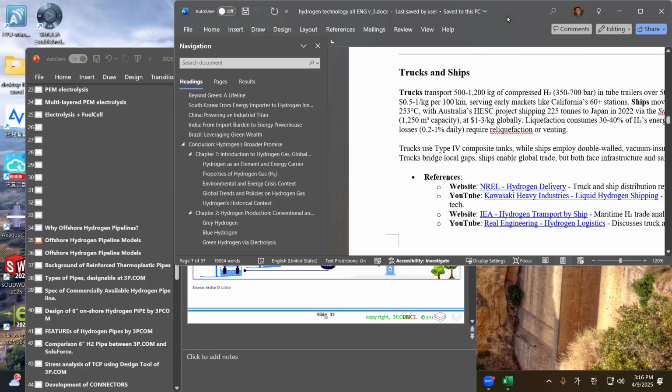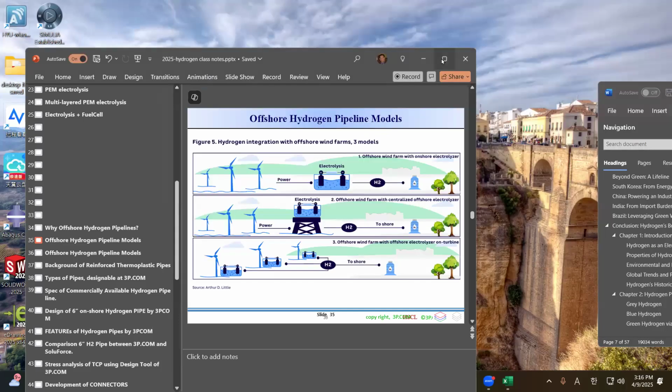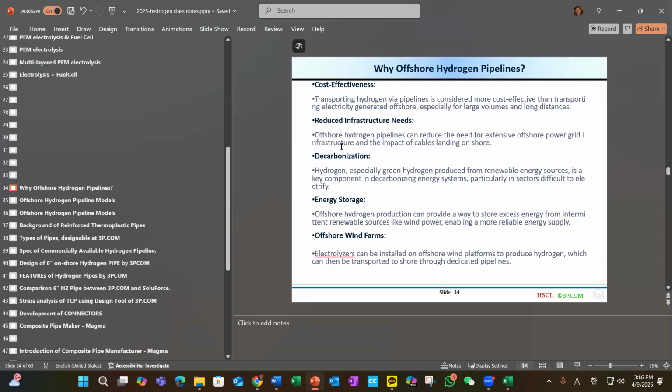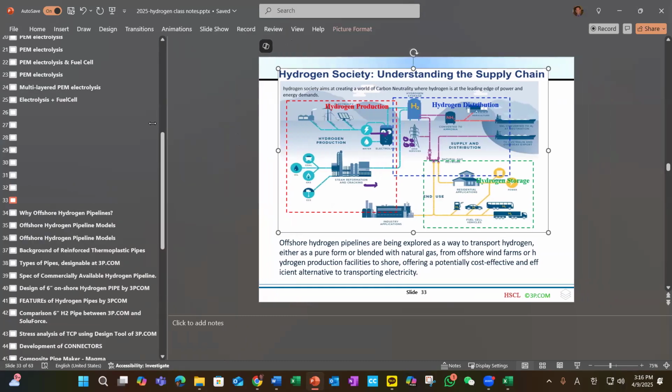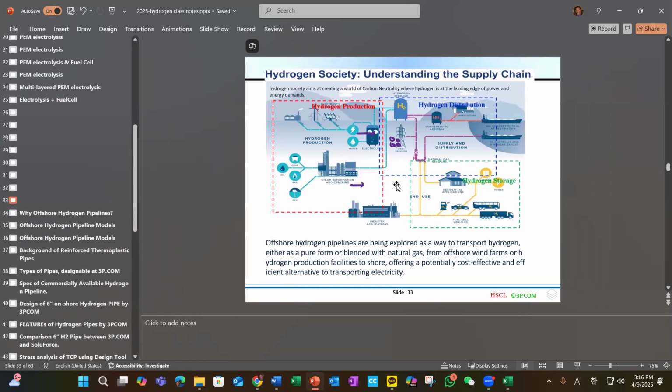So anyhow, let's take a look at this very common slide we are using during this class. Once again, hydrogen gas is produced through many different ways, and also hydrogen gas needs to be distributed.